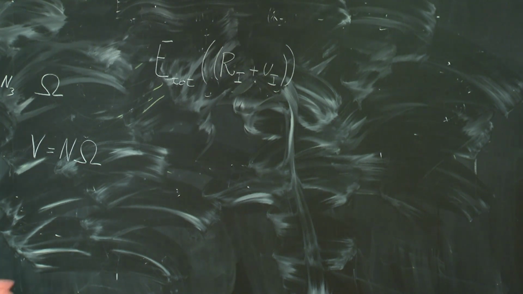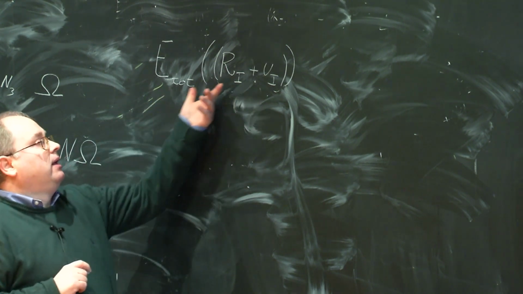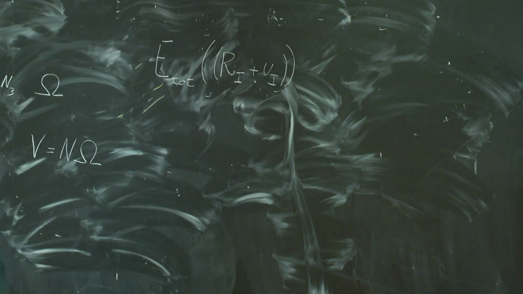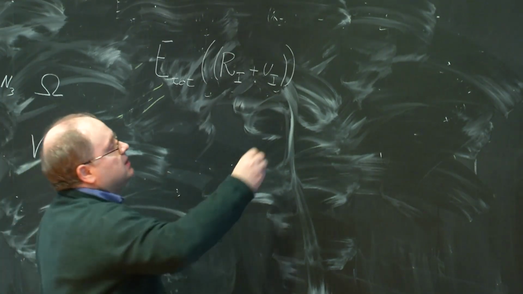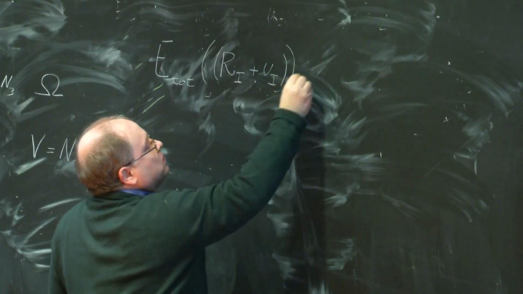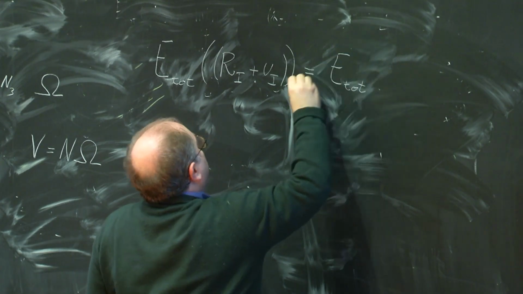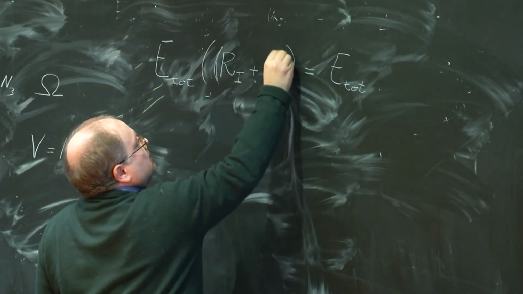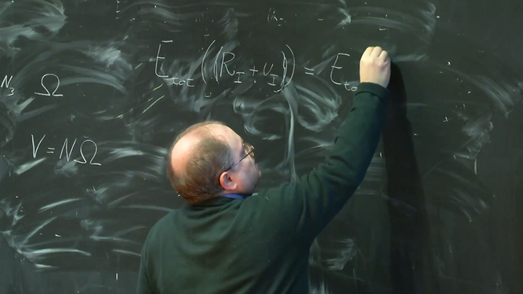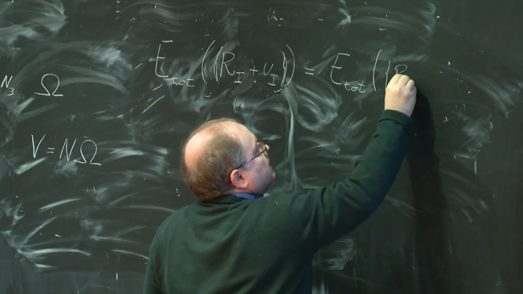So instead of using the complete function E tot of the nuclear positions, we expand this function in a Taylor series about the equilibrium position. So we write E tot, indicating with this parenthesis all the atomic positions.